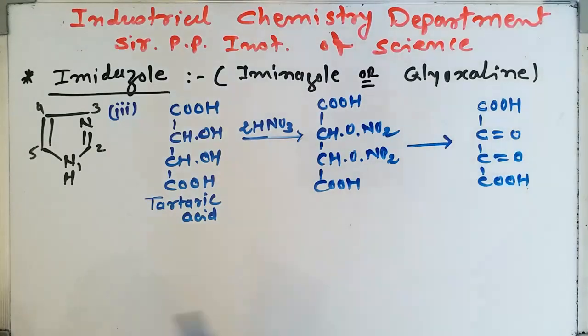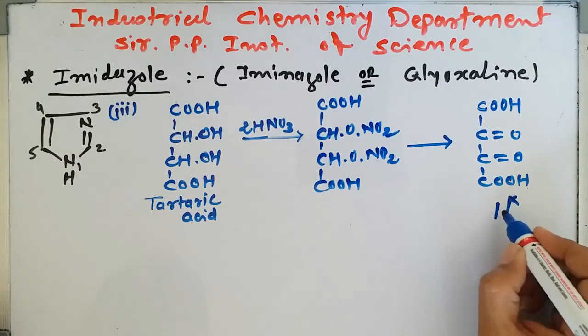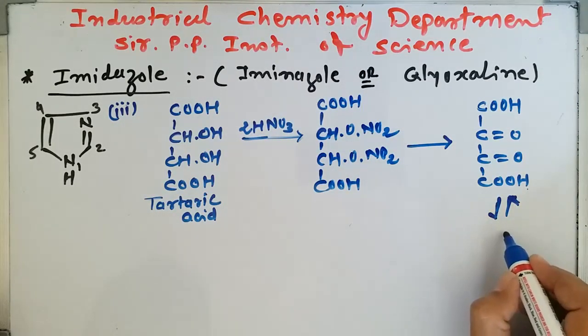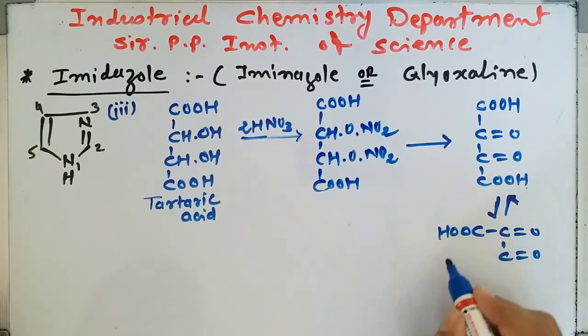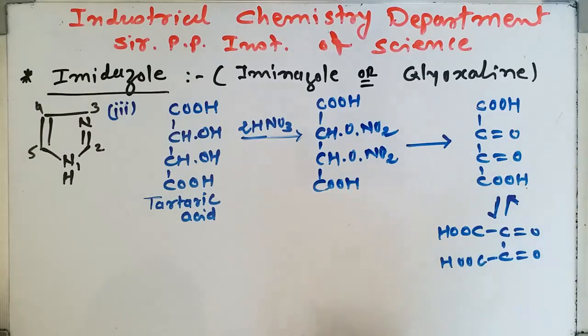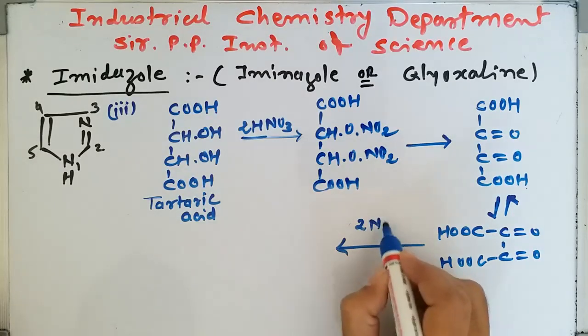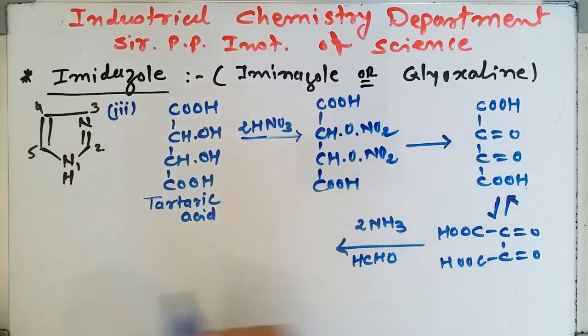We rearrange this diketo compound as C=O, C=O, C(OH), C(OH). This diketo compound is treated with 2 moles of ammonia and an aldehyde, formaldehyde.